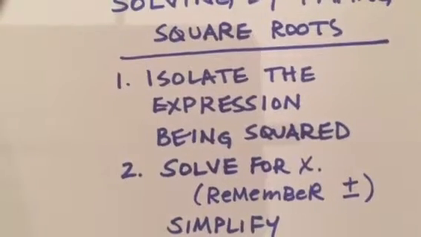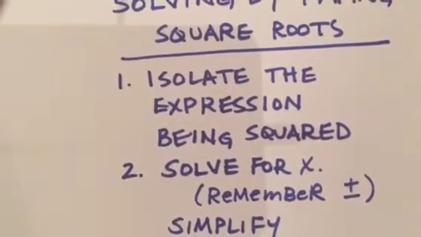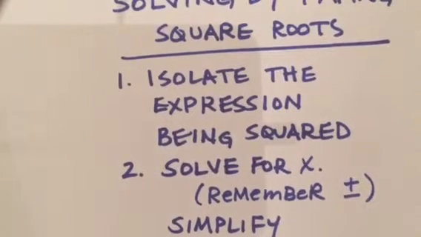Now, if we've isolated that expression that's being squared, we are going to probably take square roots of both sides. So when we do that and we're solving for x, if there's an x or variable involved, we need to remember to include the plus or minus as part of our solution.